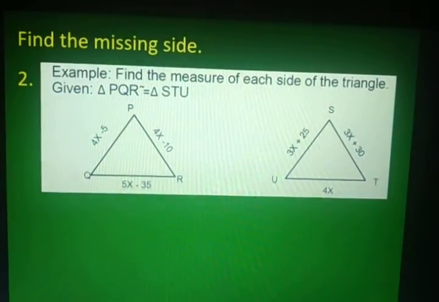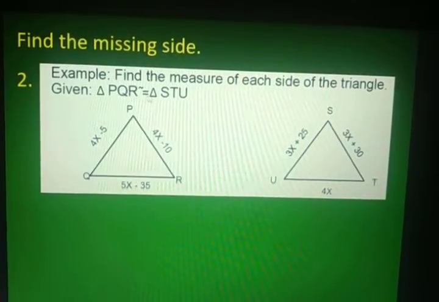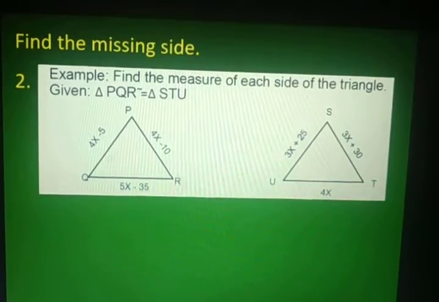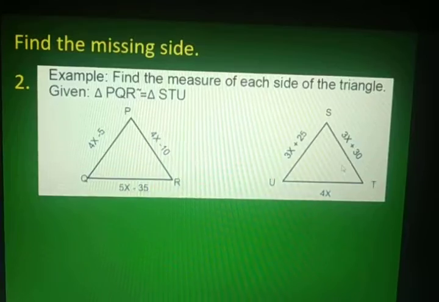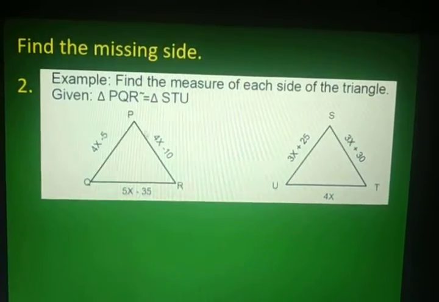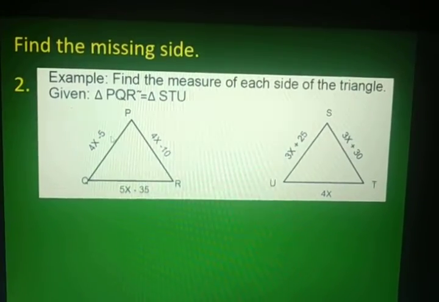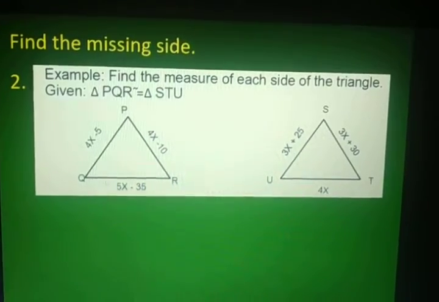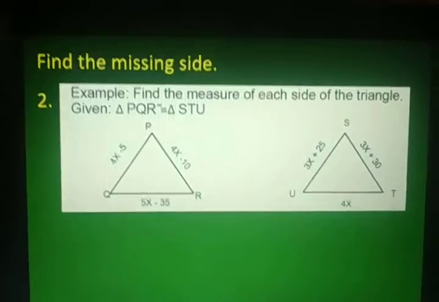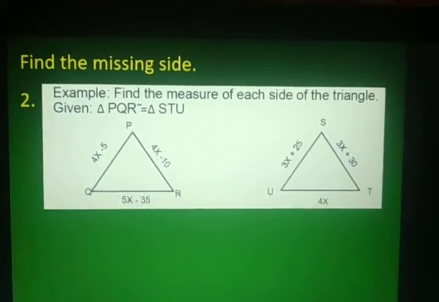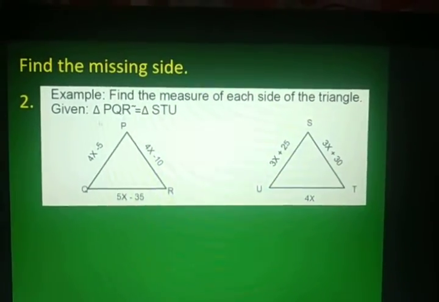How about if we find the missing side given this? We have triangle PQR corresponding to triangle STU. For side PQ, 4x minus 5, we should identify its corresponding side so we can equate them.